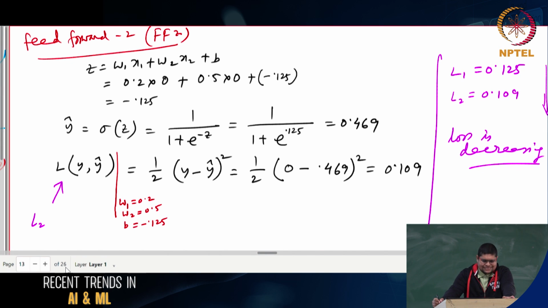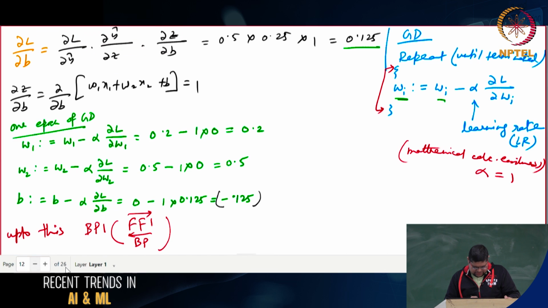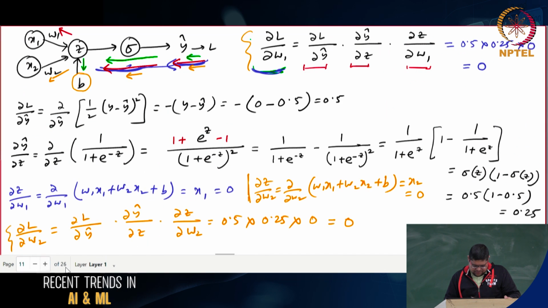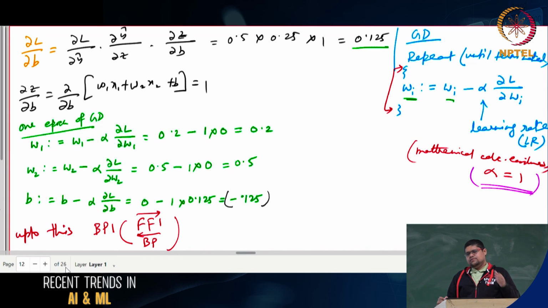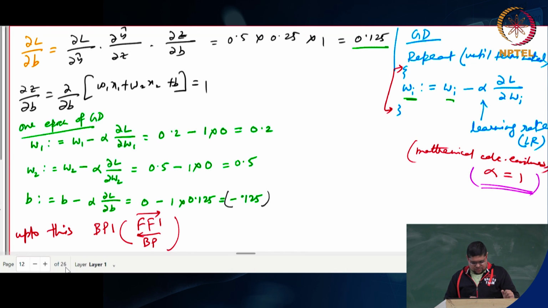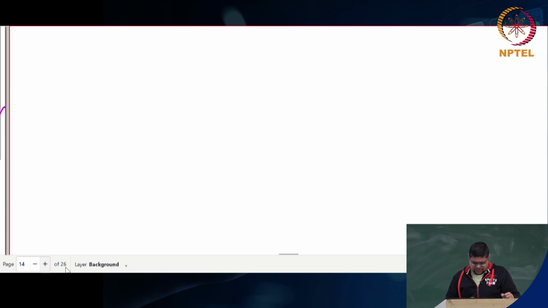Okay, clear. So for only one example, we have seen this. Now I have taken this alpha equal to 1. There are a few comments.